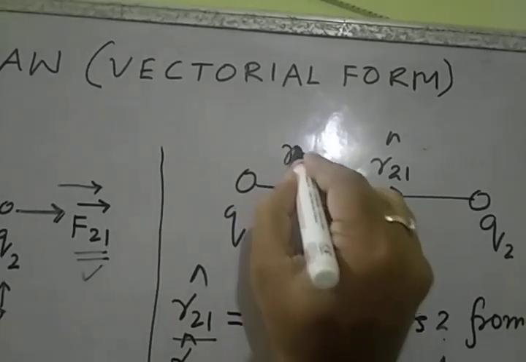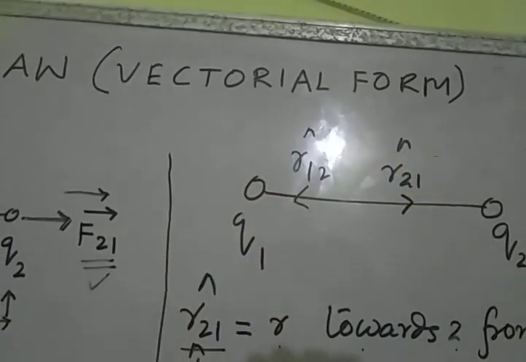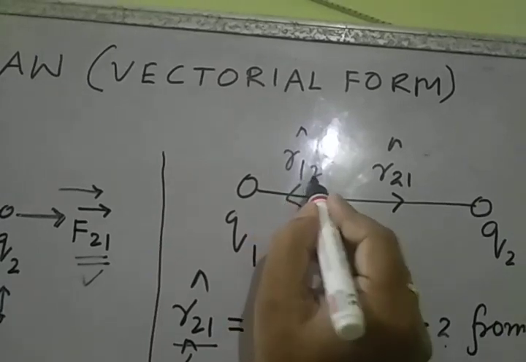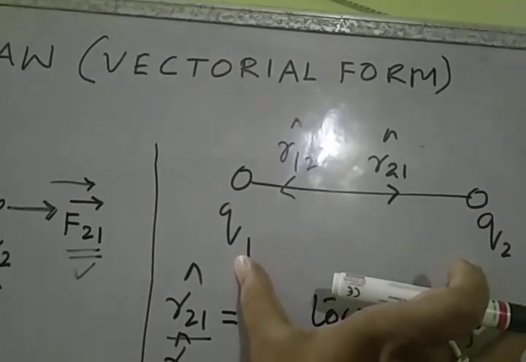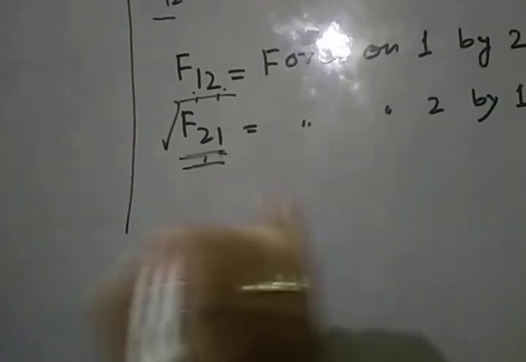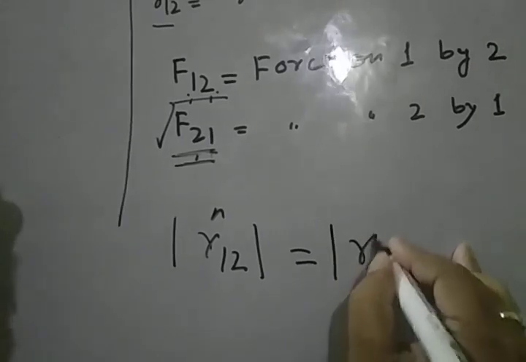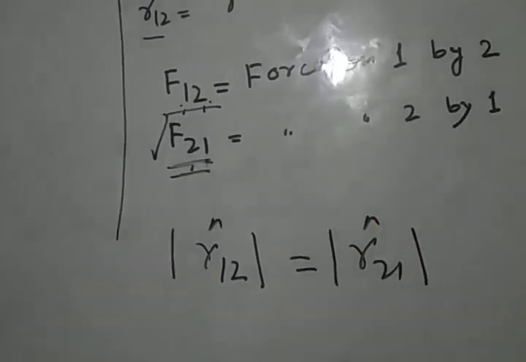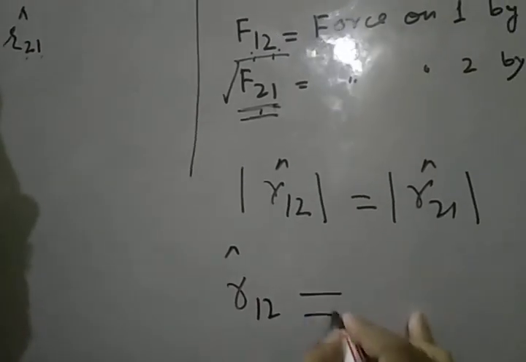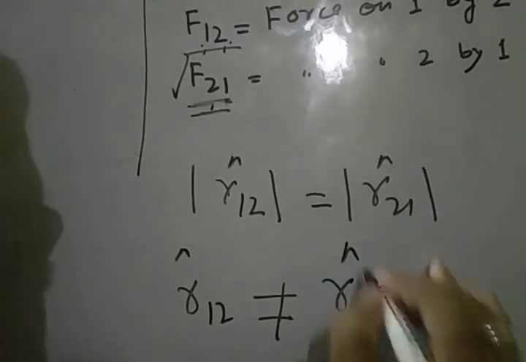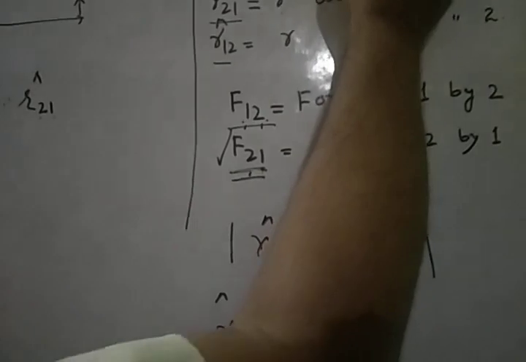And this will be your R12, R towards 1 from 2. This is R21 also, this is R12 also. Magnitude-wise, it is the same. But as a vector, this is not the same. Why is it not the same? Because both the directions are opposite in nature. You can see.